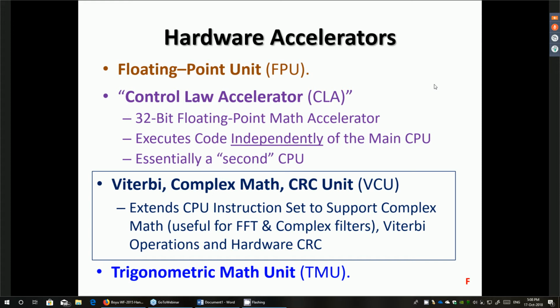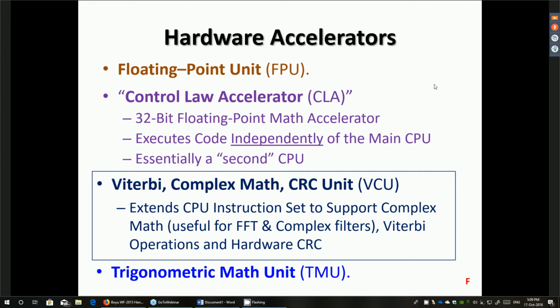And if you teach signal processing, you know what is complex math, FFT, and so on. And if you teach communication theory, you will know what is CRC, which is used in communication protocols like controller area network, CAN, or local interconnect network, LIN. CRC is used in many, many fields, right? And we also have a trigonometric math unit where trigonometric operations like sine, cosine, arctan, they are all executed in hardware, not in software, okay?